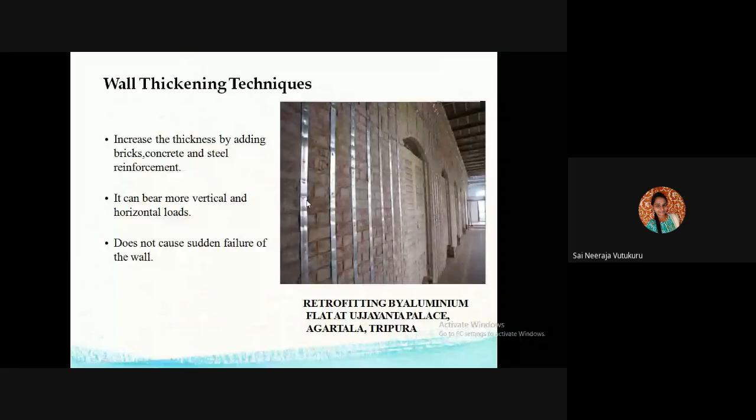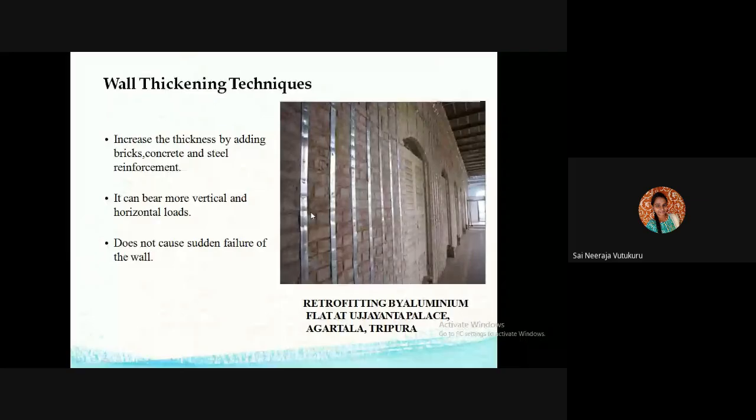So in order to strengthen the wall, we are going to use these kinds of aluminum flat panels. They add strength to the walls. These aluminum panels, or else some addition of steel reinforcement, can also increase the wall thickness. They can be arranged in vertical and also horizontal directions based on the construction.